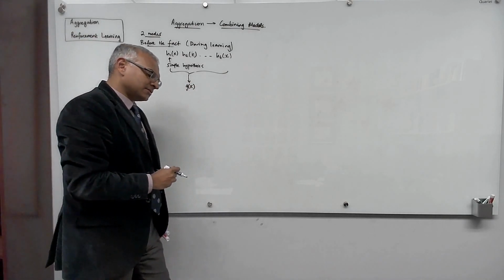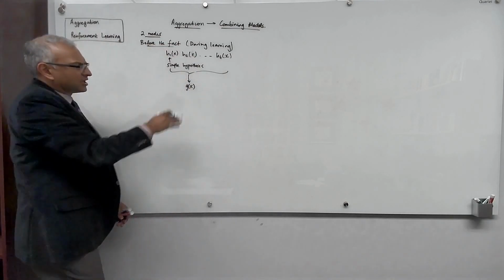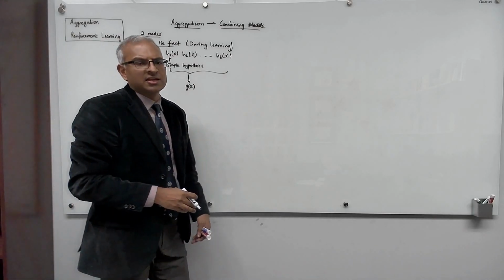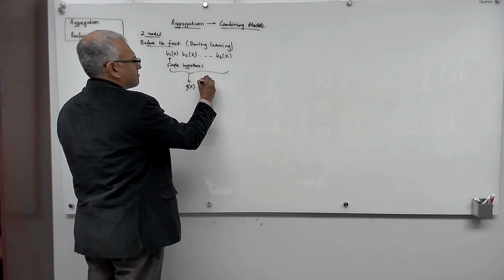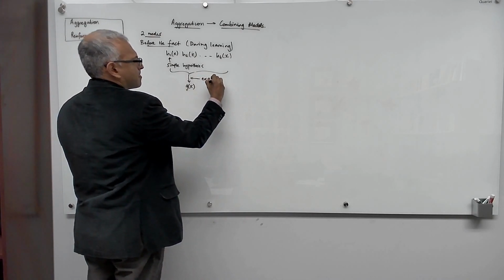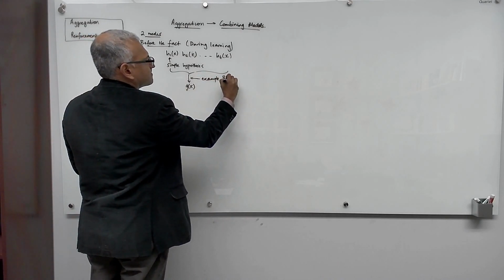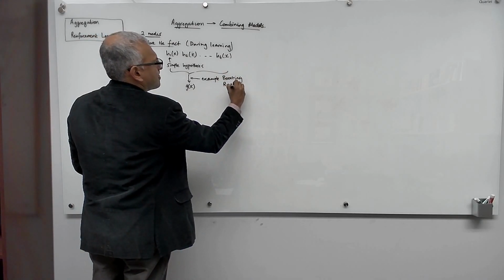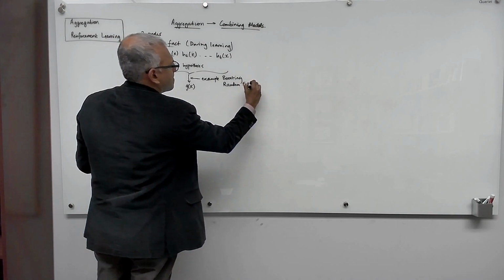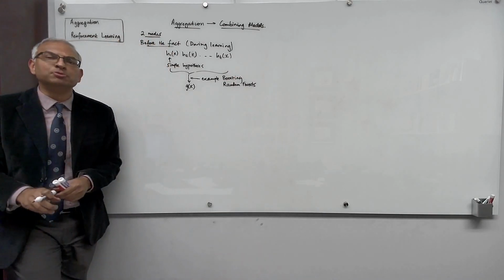Okay, and a very famous example of this is what's called boosting, and it has led to sort of techniques like random forests. So, for example, boosting, random forests is a good example of boosting.